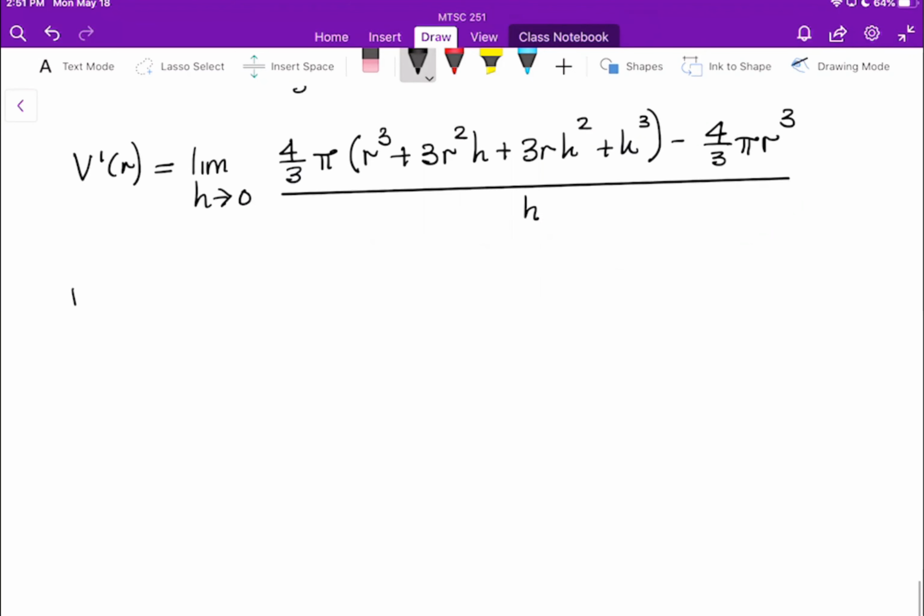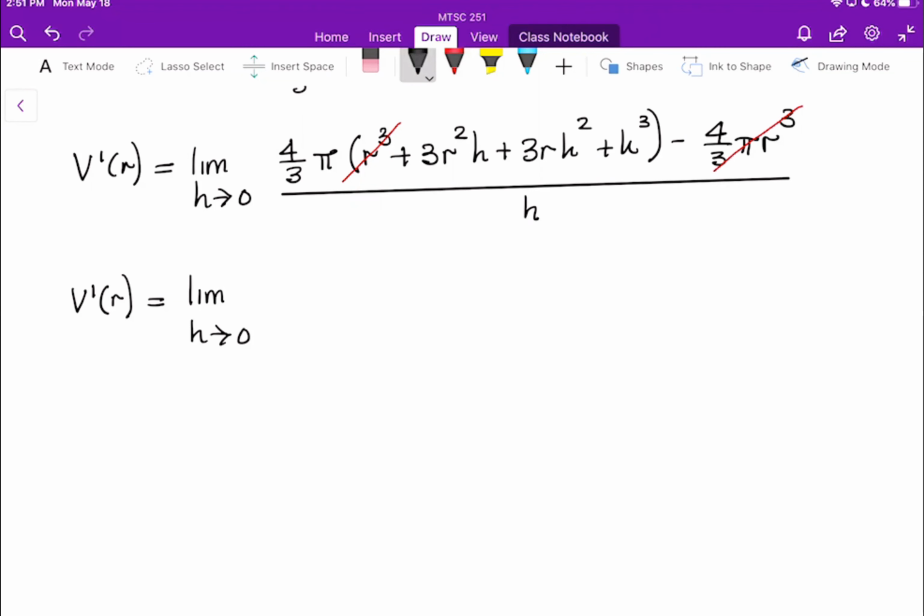So therefore v prime of r, which is the rate of change, is the limit as h approaches 0. This is 4/3 pi r cubed here and 4/3 pi r cubed here. So they add to 0 because they're of opposite signs.